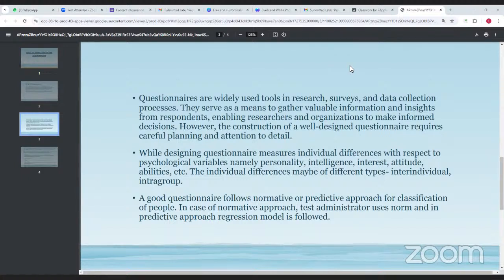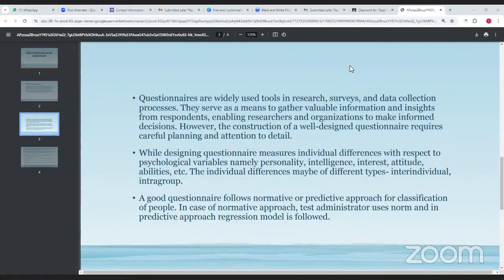That is the normative approach. We are converting the raw score to the standard score, and based upon the standard score, we can do multivariate analysis.